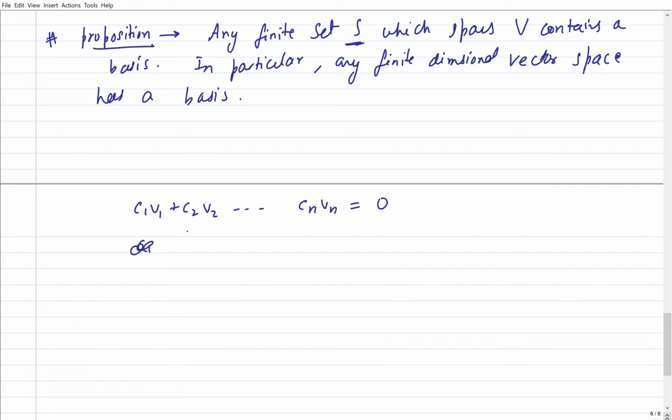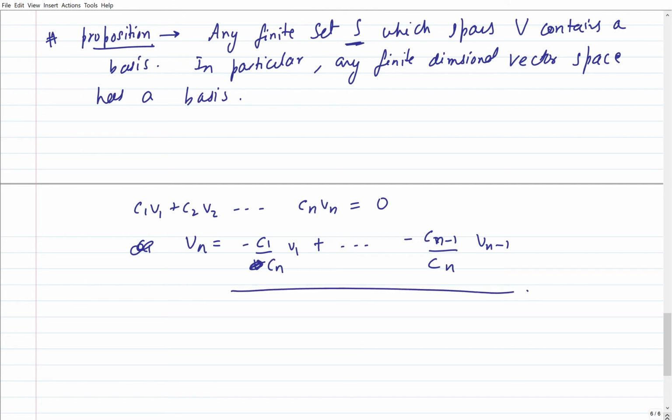So that means I can solve for Vn. I'm assuming that at least one of them is not 0. Let's say this one is not 0, so I can write it down like this. So this shows that Vn can be written in terms of these vectors. So I'm going to remove Vn from my set.